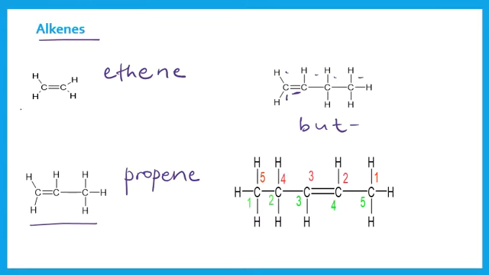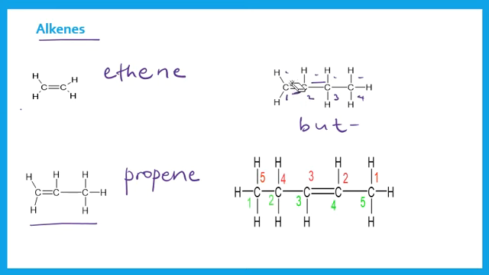If you name the carbons, this is carbon number 1, carbon number 2, carbon number 3, carbon number 4. So the double bond in this case is on carbon number 1, but the double bond could be here on carbon number 2.